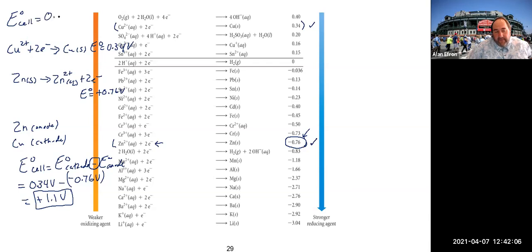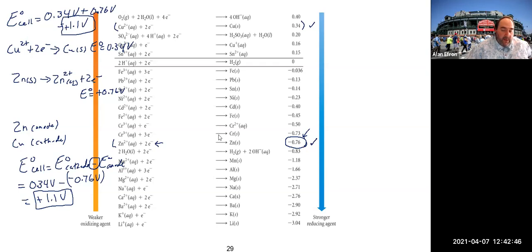I should take 0.34 volts plus my 0.76 volts, which gives me obviously our 1.1 volts, which is positive in this case. Now, the reason I say if you want to write the equation correctly, technically zinc going to zinc with a +2 charge has an E value of plus 0.76 volts. Zinc with a 2+ going to zinc with no charge has an E value of -0.76 volts. But if you change the actual value that you find in the table for the anode and switch the sign, you should add them together.